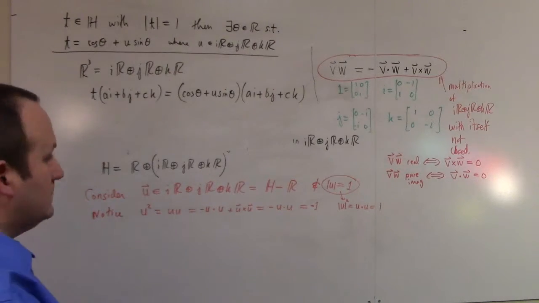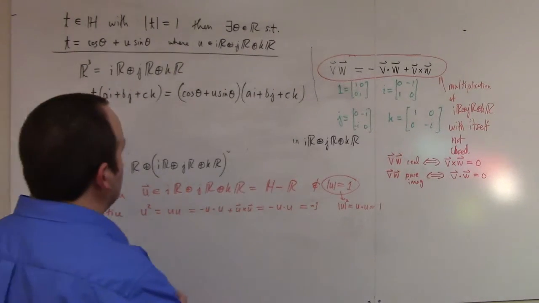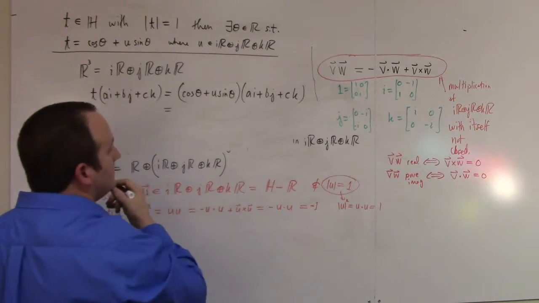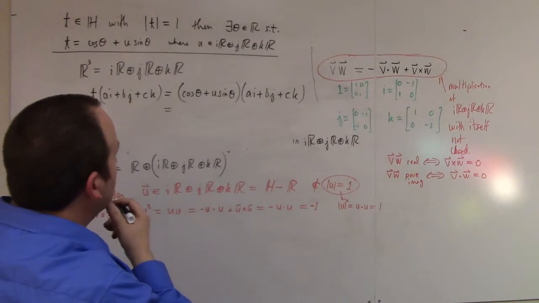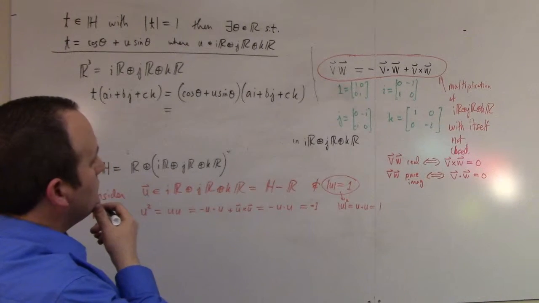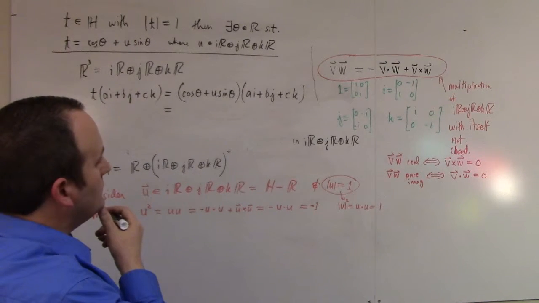It's still going to be pure imaginary. But is it? I think so. Not necessarily. I guess U and Ai plus Bj plus Ck have to have dot product 0. Or no, what is the U again?